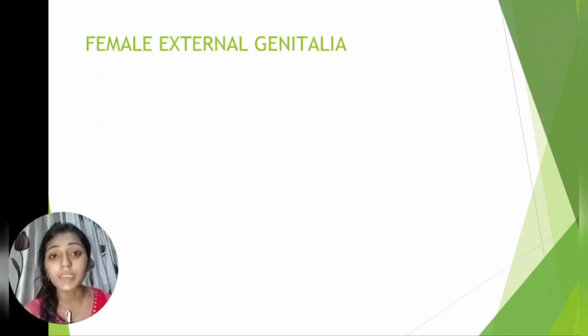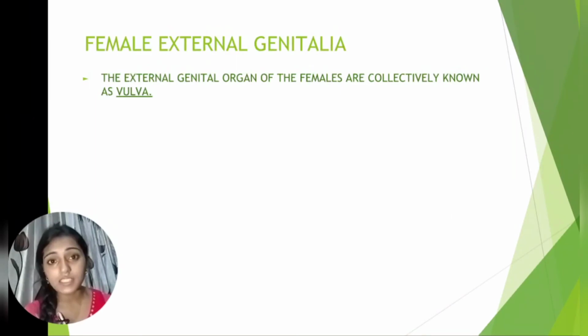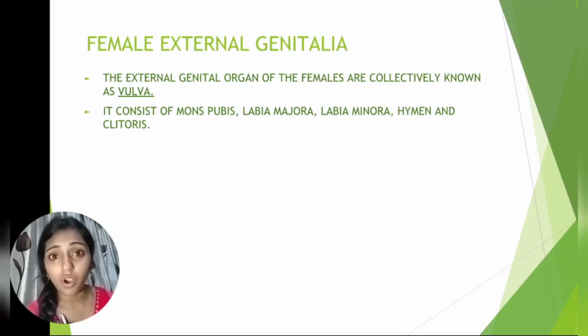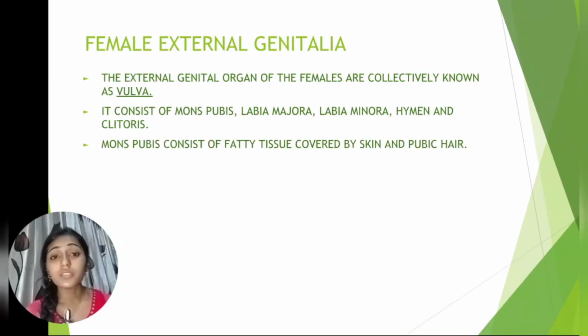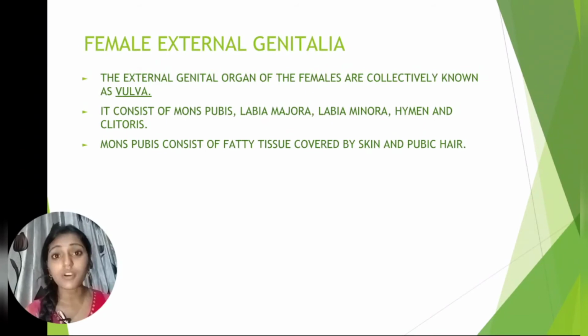Now, the female external genitalia. The external genital organs of the female are collectively known as the vulva. It consists of mons pubis, labia majora, labia minora, hymen and clitoris. Mons pubis consists of fatty tissue covered by skin or pubic hairs.